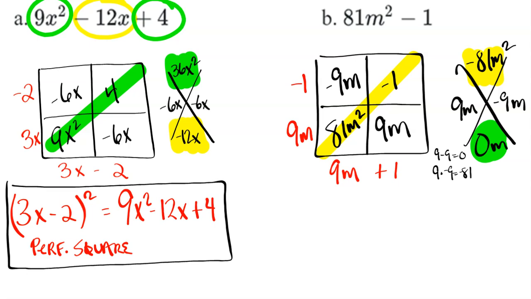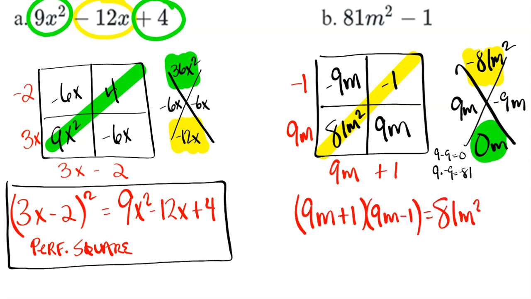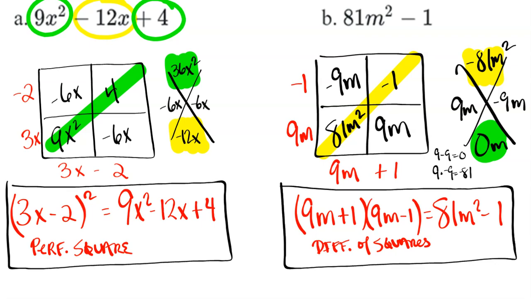So what we end up with is 9m plus 1 times 9m minus 1 is equal to 81m squared minus 1, which is the difference of squares, because of that subtraction in the solution. So we got a perfect square and the difference of squares.